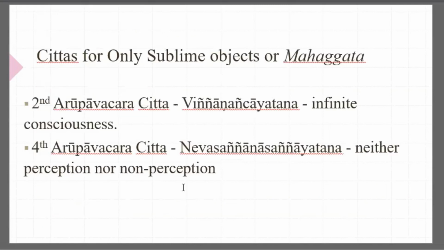Then Cittas for only sublime objects. Sublime means in Pali Mahaggata. Can you remember Mahaggata? What is the meaning of Mahaggata? In chapter 1 we learned Kāmāvacara, Rūpāvacara, Arūpāvacara, Lokuttara.